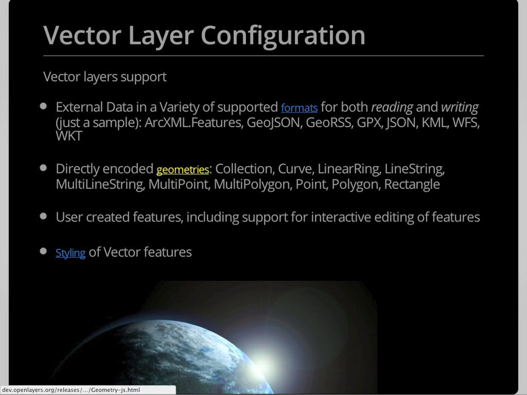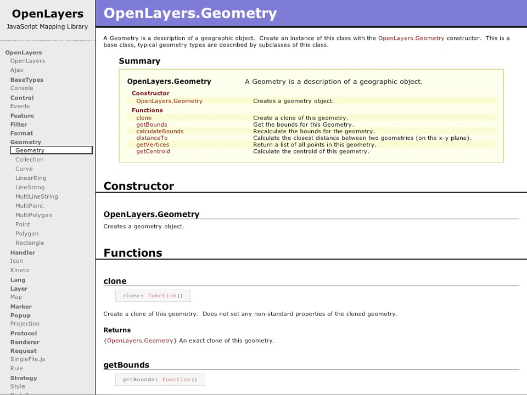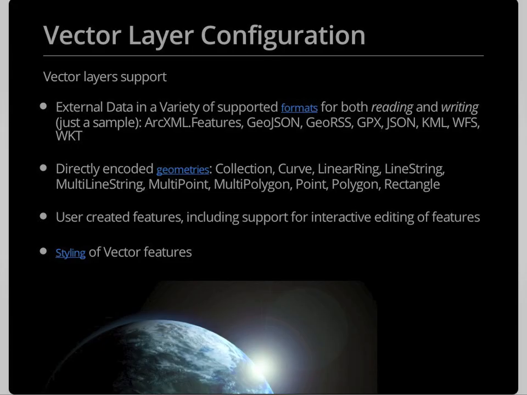So if we click on the link here to the API reference, you can see the set of geometry types that are supported within OpenLayers, including points, polygons, rectangles, line strings, linear rings, which are essentially single polygons, polygons, which can consist of one or more linear rings, curves, which are essentially open lines, as are line strings, but then also multi-line string, multi-point, and multi-polygon geometries that allow you to combine those into a single object that is a combination of those types of geometries.